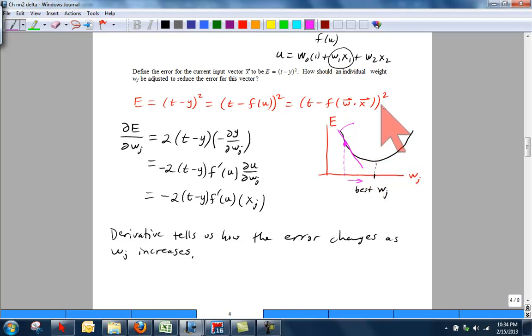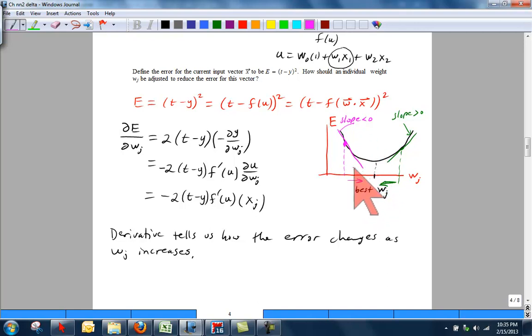Let's go over to the other side. If I'm instead currently at a weight like this, then to move toward a better weight, or to adjust the weight in the proper direction, I want to decrease the weight, and here the derivative is positive. So slope greater than 0, slope less than 0. And in both cases, the change in w has the opposite sign of the slope.